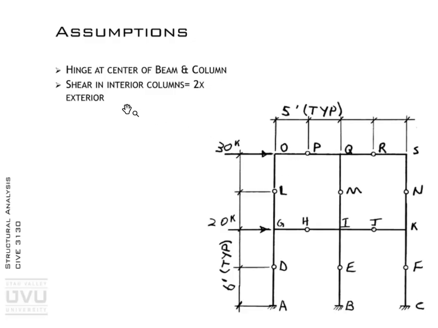The second is the shear at the interior columns is twice that of the exterior. This is related to the stiffness of the column based on having a beam on both sides or not, as the case may be. So what I can do is draw something up like this and then say, okay, the shear at A, B, and C are all related through this 2 times the exterior business.